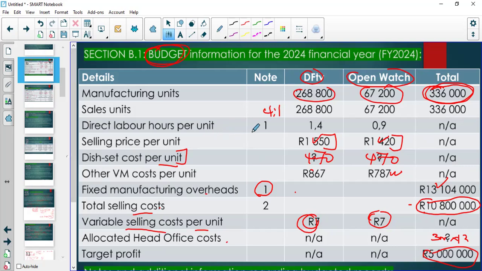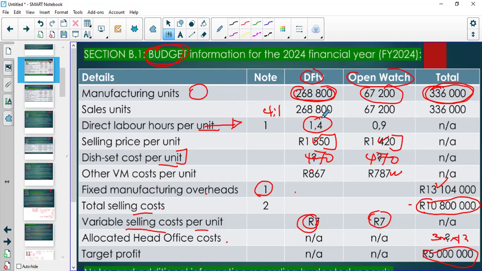What's budgeted direct labor? It's 1.4 hours per unit. I'm planning to produce 268,800. You will know that this budgeted production is based on the manufacturing units.